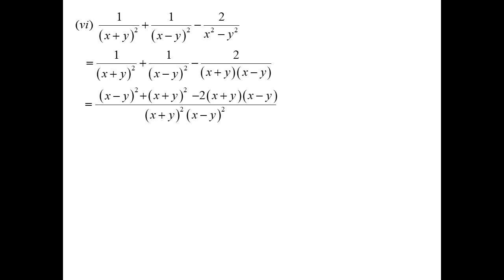Some tidying up to do. Here's the quick way, if you spot it. Perfect square plus a perfect square in this case. So that means the middle terms are going to cancel, because one's going to be the minus 2ab, the other's going to be the plus 2ab. Which means I've got 2x squared and 2y squared.